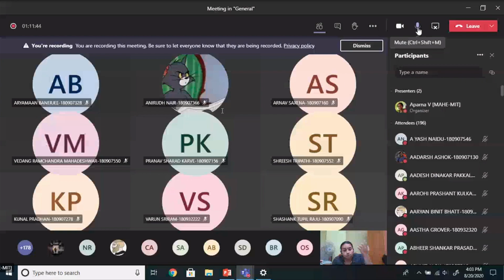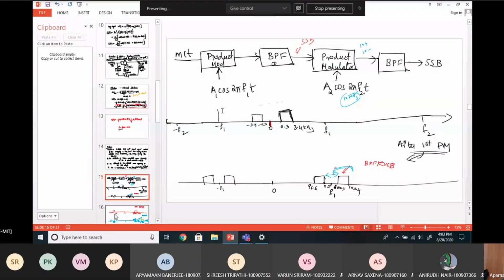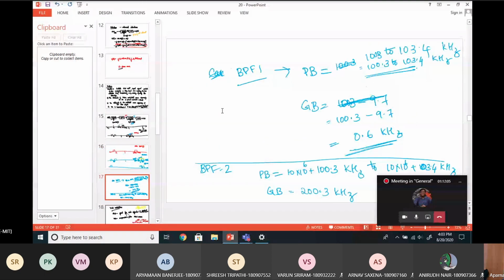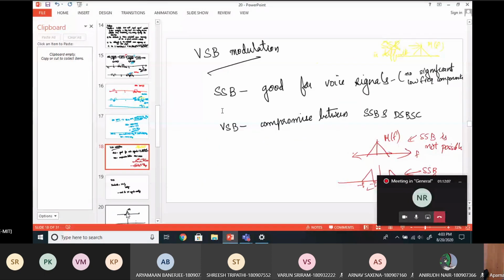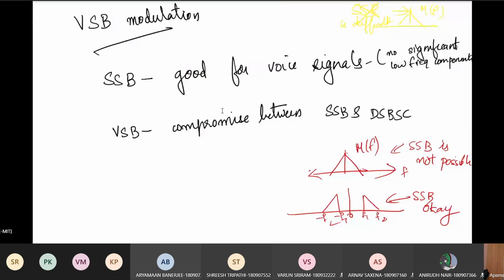At the same time, I have a signal which has significant frequency components near the zero frequency, with a spectrum like this. What to do? I'm having a signal like this.